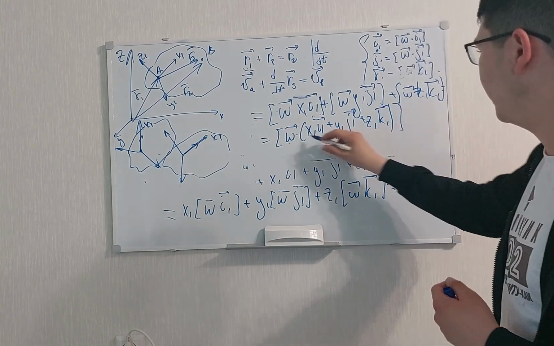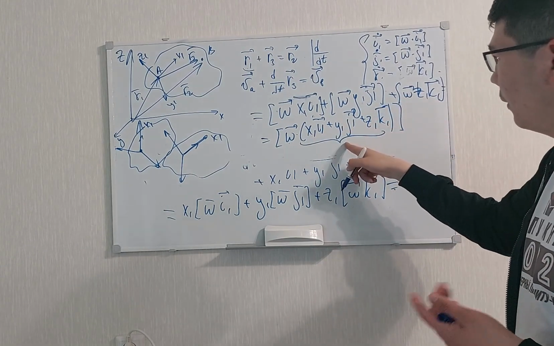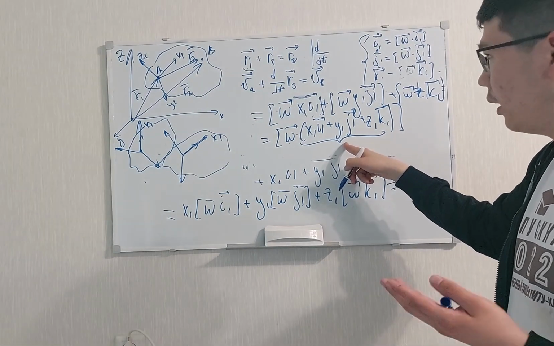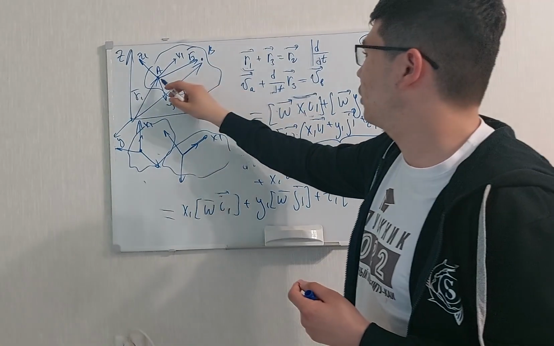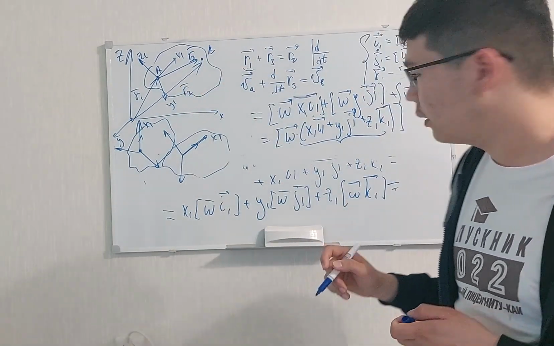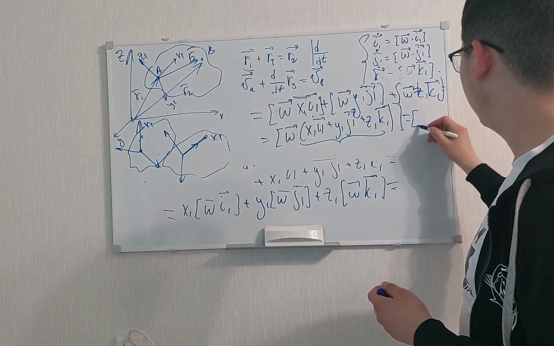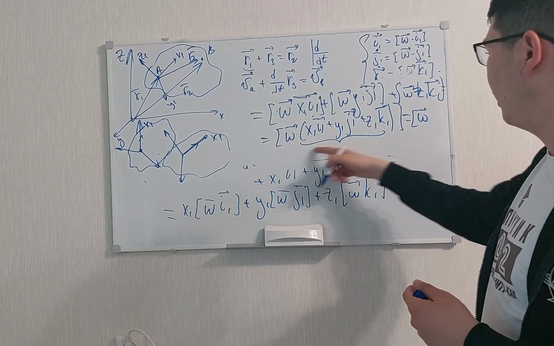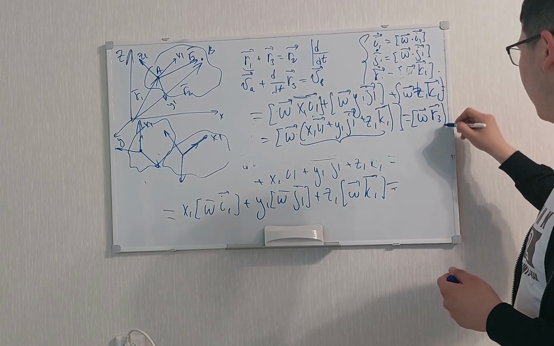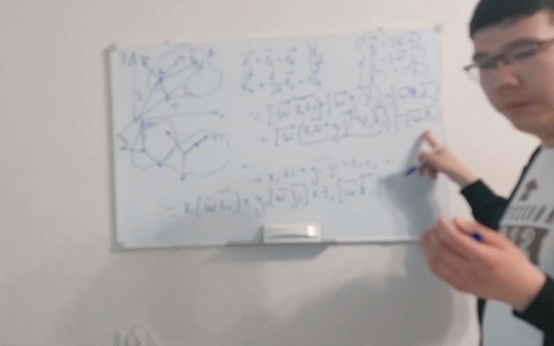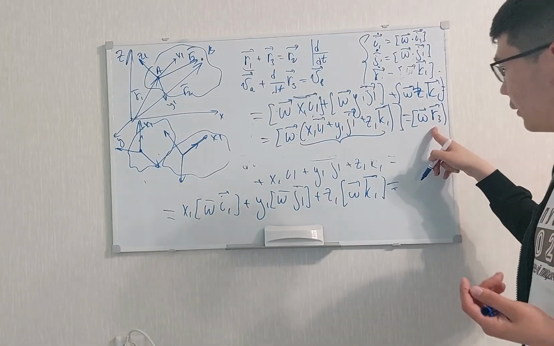We see that this sum is in fact the radius vector r3 that we wrote before using our orthonormal coordinate system connected with the point A. And then of course we can simplify by writing that this is the same as the vector product of our omega vector and r3 vector.